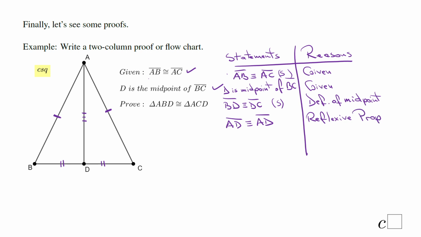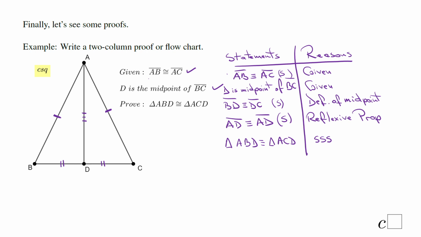I'm just going to stop here. And now we can say triangle ABD is congruent with triangle ACD by side, side, side. You notice we have three sides here. And remember, this one is a postulate, it is not a theorem, in case you need it. And this is the two-column proof.